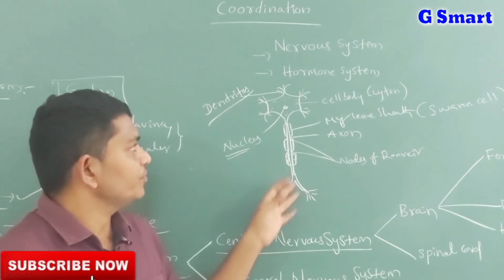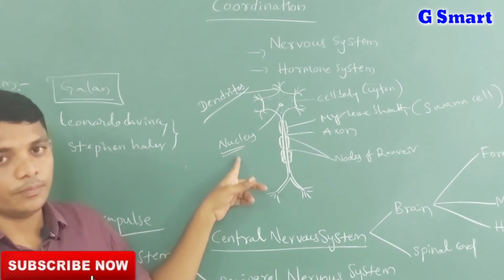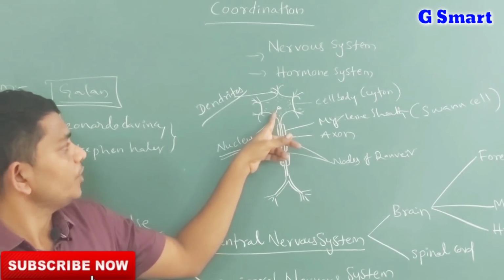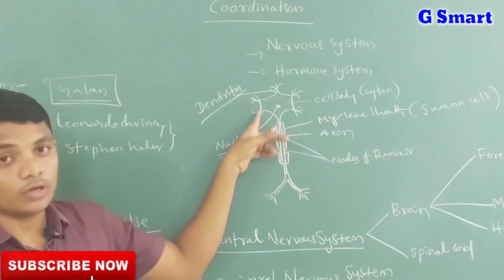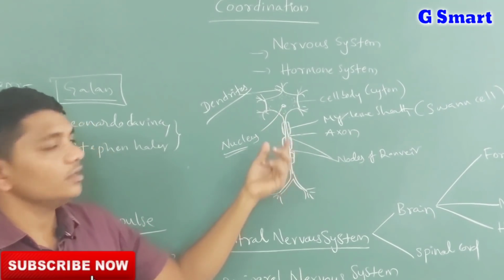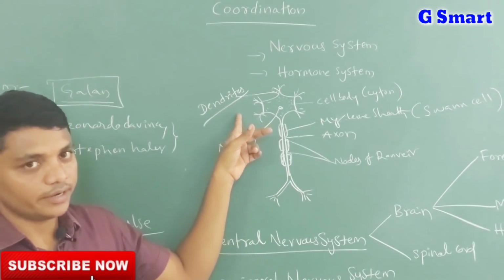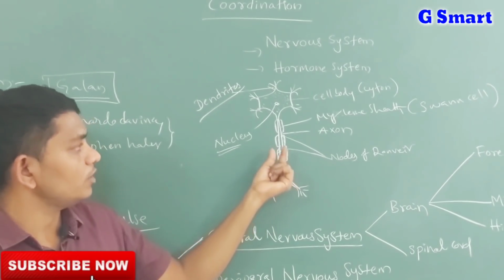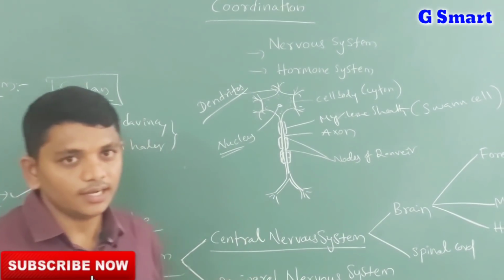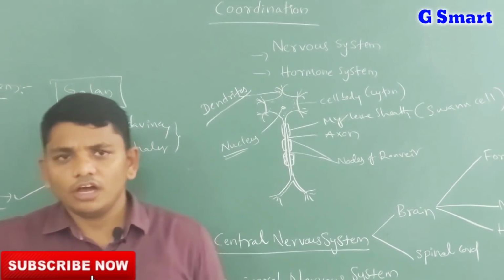The cell body consists of a nucleus, and it is also the place for projections called dendrites. One dendrite of the neuron is somewhat longer than the others, and that is called axon. Axon is covered by myelin sheath. The myelin sheath is made up of Schwann cells. Clear? So, here is the structure of a nerve cell.